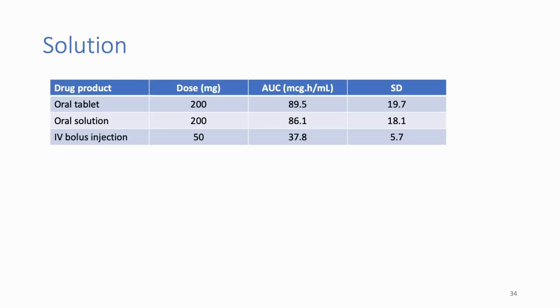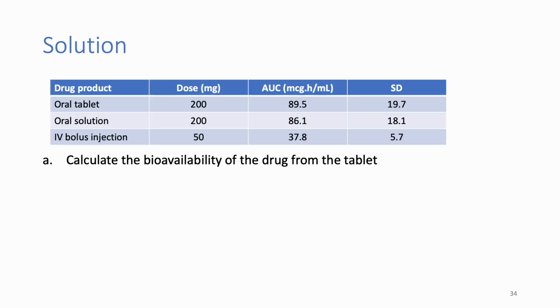Now we go to the solution. The first question: calculate the bioavailability of the drug from the tablet. We know that the equation to calculate bioavailability is F, in here I want to calculate the F percentage, equal to the AUC of the tablet divided by the AUC of the IV.